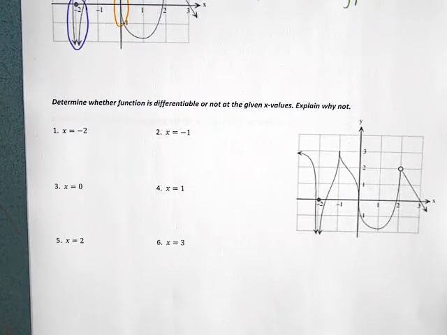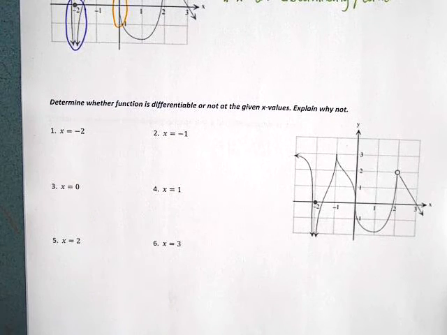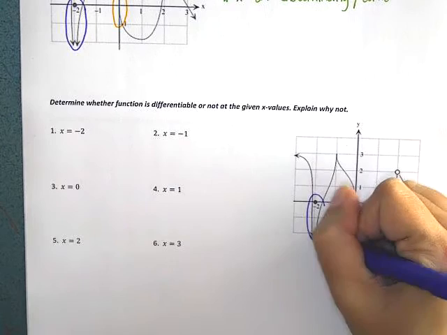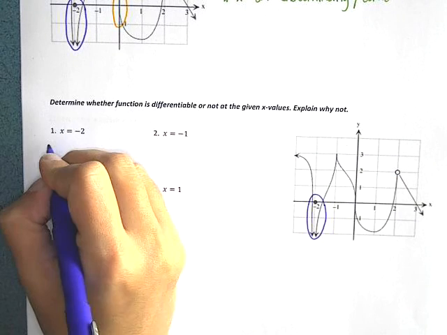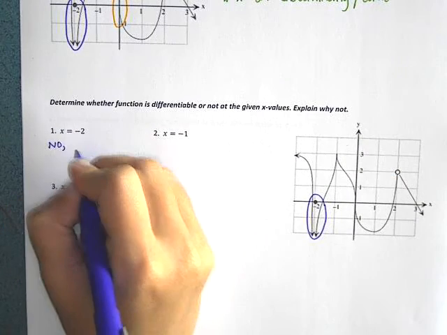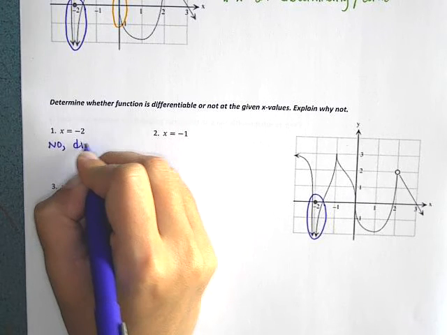Now this problem is a little bit different. I'm saying determine whether your function is differentiable at these specific numbers and explain why not if necessary. So this time I'm not saying just find all the discontinuities. I'm saying tell me yes or no and why. So if we look at -2, this is the same graph as before. We would say not differentiable because there's a discontinuity.